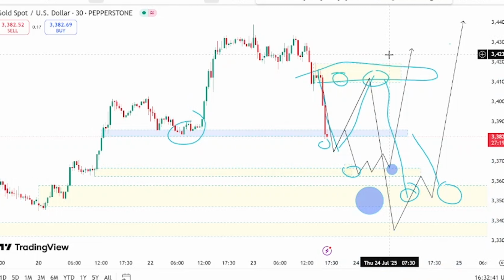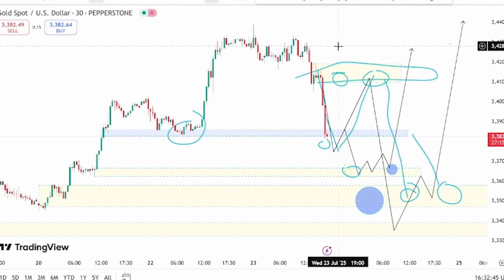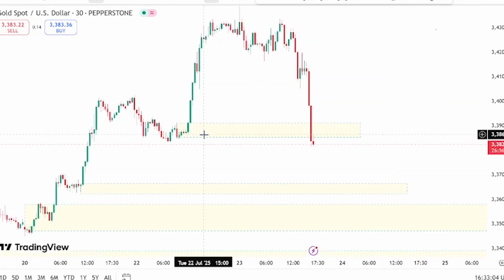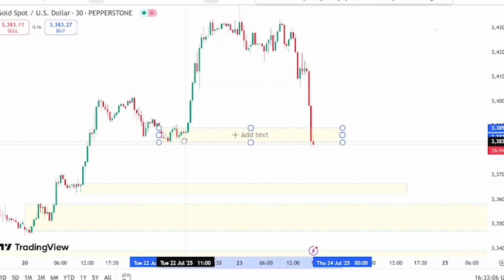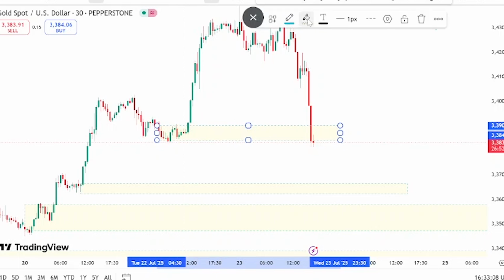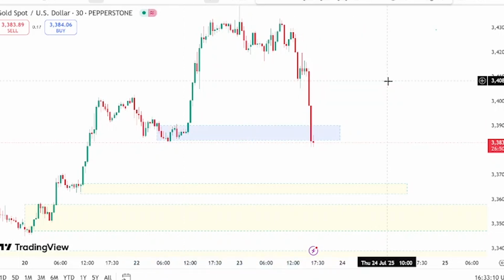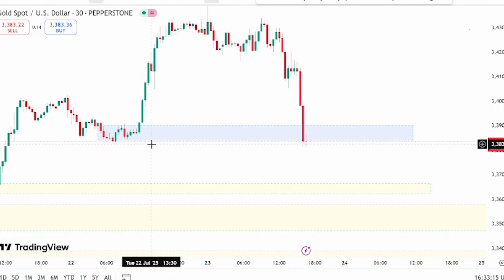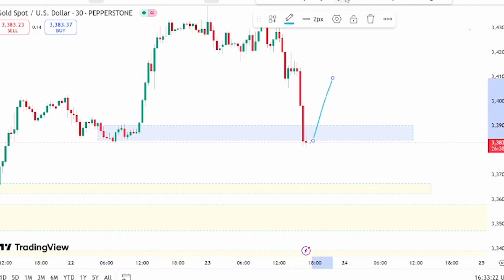So now let's clear out what we are expecting next. Now you can see the market is trying to break below this area, as I was talking about, this area marked blue. As we are trying to break below this area, if the market moves up, I will be taking a sell from this area.